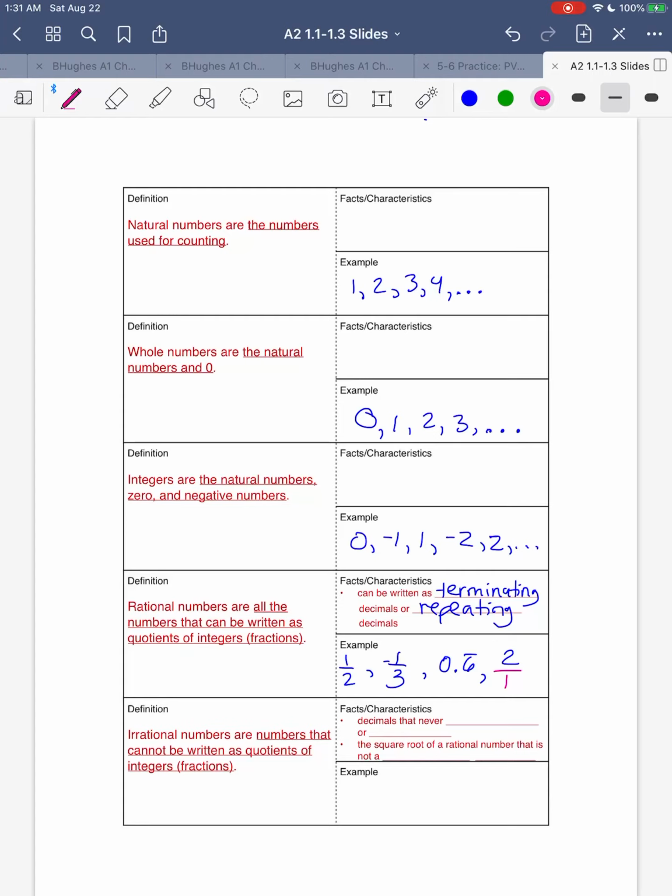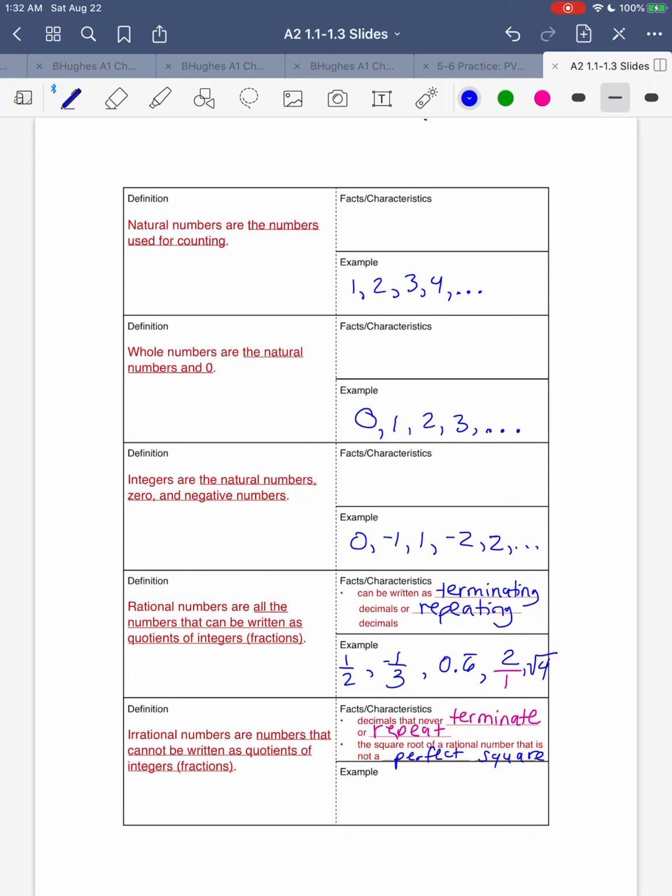Therefore, there's also no decimal that represents them. So when would that happen? Well, that would happen if the decimals never terminate or repeat. Now, the other thing that it includes in this category now is square roots, but we're talking specifically about square roots that are not a perfect square, because the number, for example, square root of 4 would equal a rational number of 2.